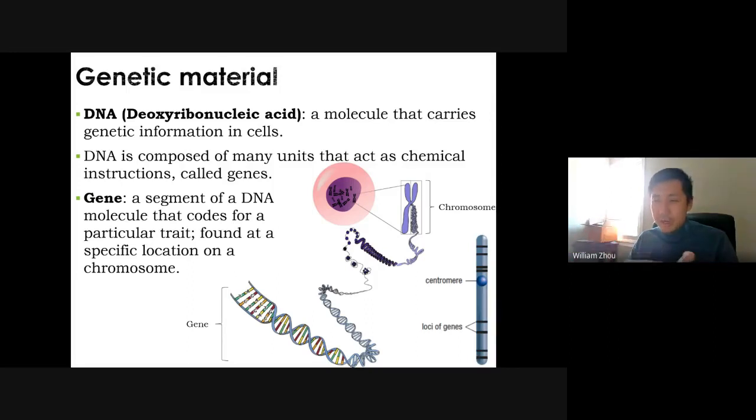Same thing for height, skin color, your muscle, I don't know, how fast your heart should beat. All of these things are controlled by genes that are part of your DNA, which is then wrapped together into like an X looking kind of thing called a chromosome, and then stored inside the nucleus of your cells.